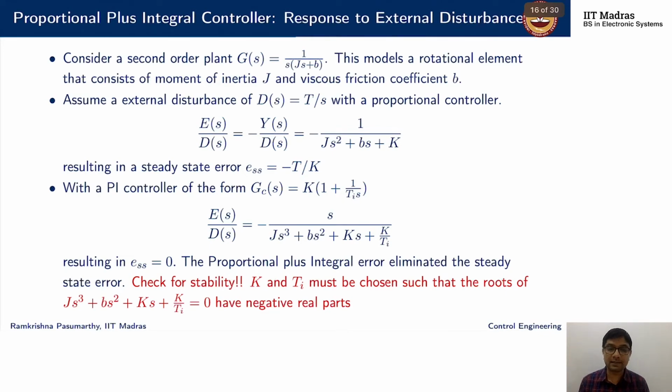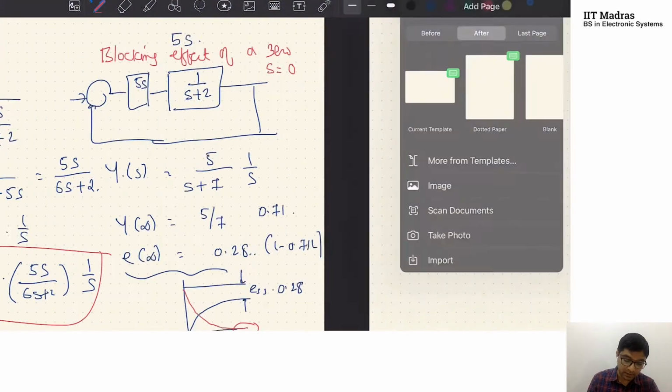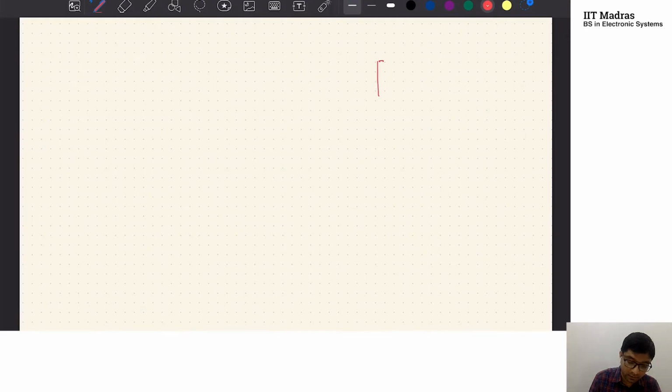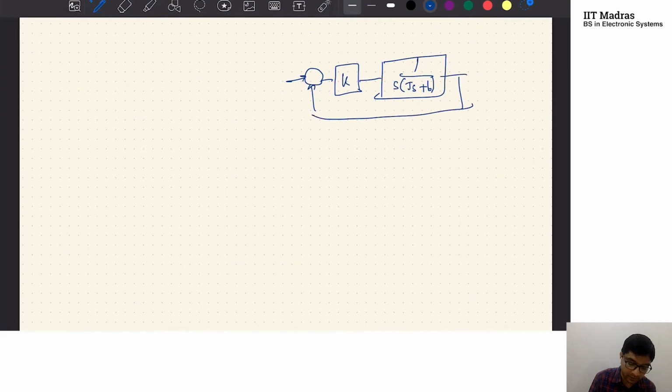Okay, so let's see the effects of disturbance, right? If I take a slightly different plant, the plant now looks like 1 over s(Js plus B), and to this plant I have a constant controller, a proportional controller. This is my standard configuration, with reference, error, output, and all that.